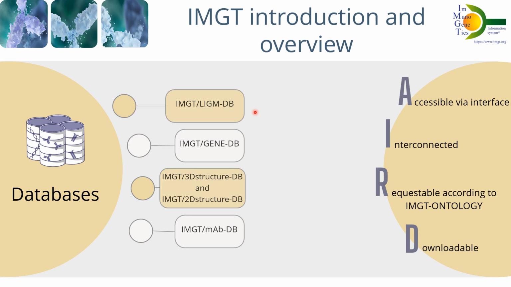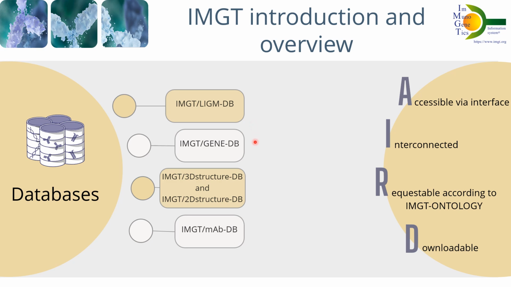Most of the IMGT LIGMDB nucleotide sequences come either from GenBank or from ENA, using the very same accession numbers in order to facilitate interoperability with the generalist nucleotide databases.